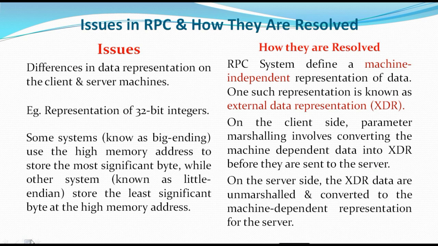So on the client side, the parameters are marshalled, converting the machine dependent data of the client system into external data representation, XDR, and after the conversion we send it to the server.